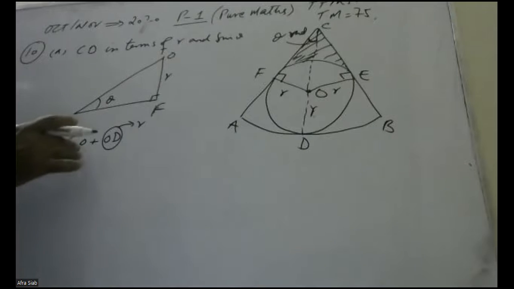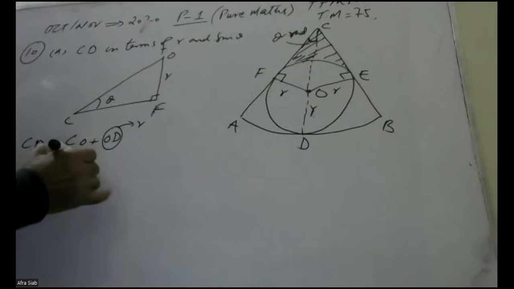Now we only have to calculate CO. According to this angle, the perpendicular over OC should be equal to sine theta. This implies that OC is equal to R over sine theta.